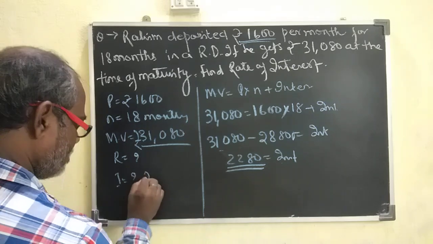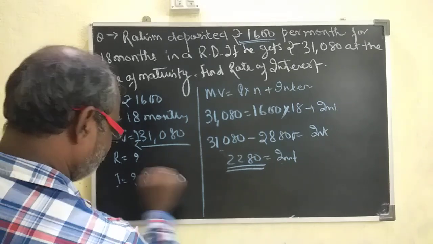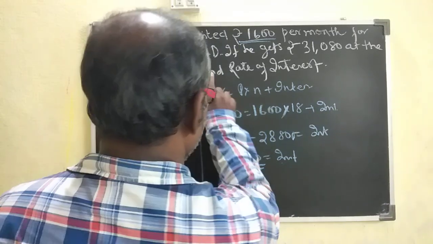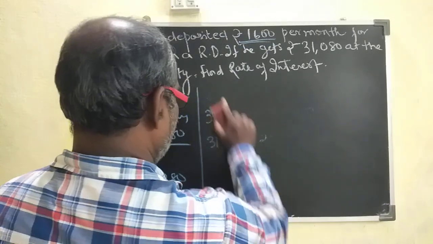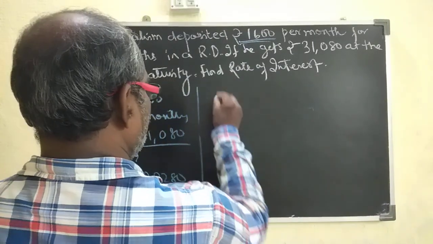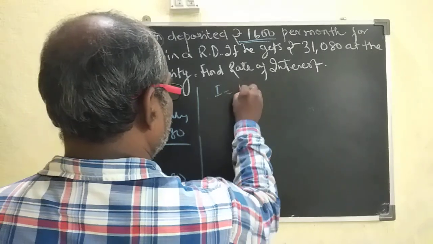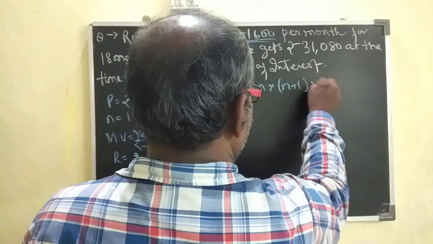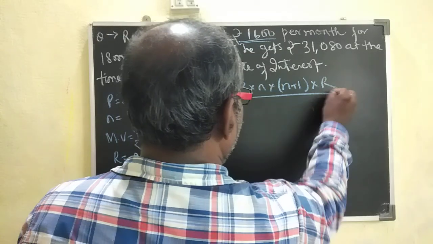Now we know the formula I equals P into N into N plus 1 into R by 24 into 100.